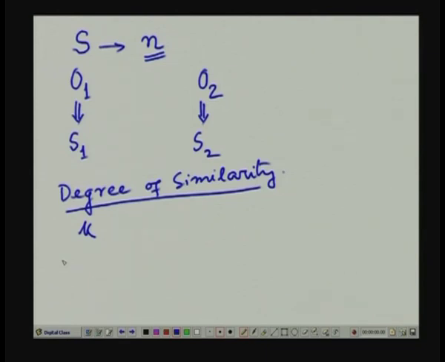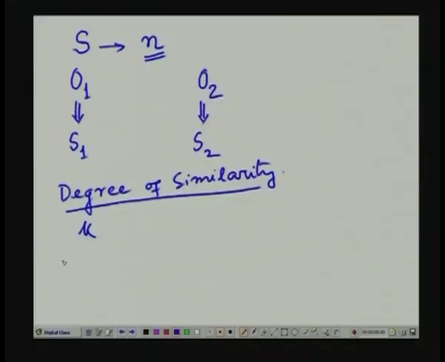So, if I generate S1 of order 4 and S2 of order 4, they will be the same. S1 of order 6 and S2 of order 6 will be the same. S1 of order 8, S2 of order 8 will also be the same. But if I find that S1 of order 10 is not the same as S2 of order 10, in that case I will say that the degree of similarity between these two shape numbers S1 and S2, or between the two object shapes O1 and O2, is equal to 8.